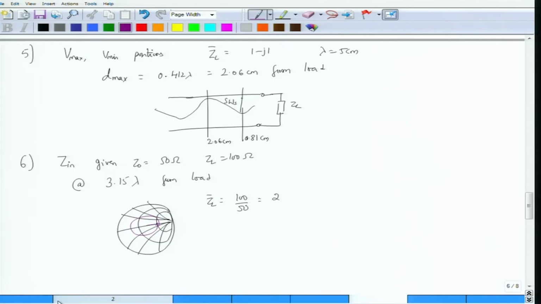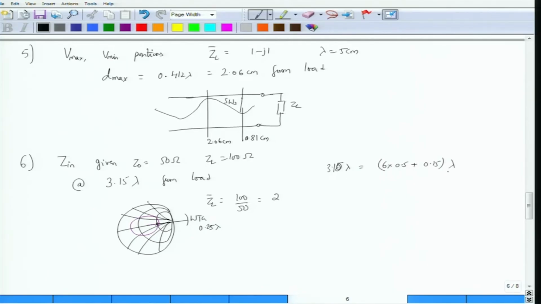So on this constant gamma circle, you now have to move. What is the distance you have to move? 3.15 lambda. If you take this point and extend it on the WTG scale, what would be the value that you would read? This would be 0.25 lambda, but clearly 3.15 lambda is nothing but 6 into 0.5 plus 0.15 lambda.